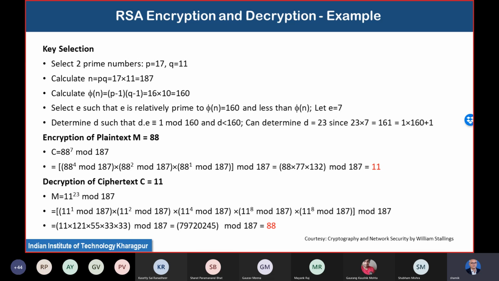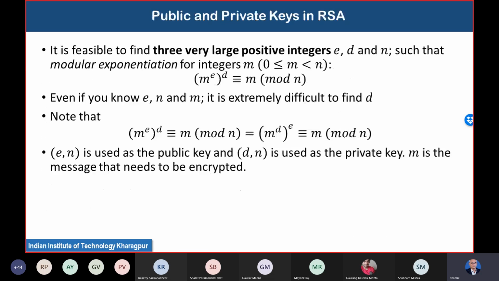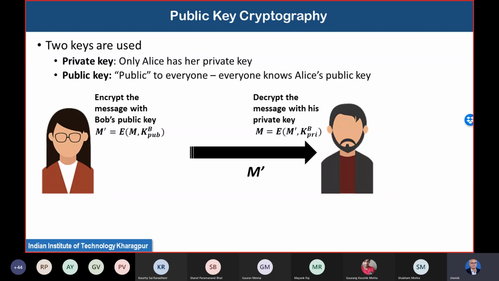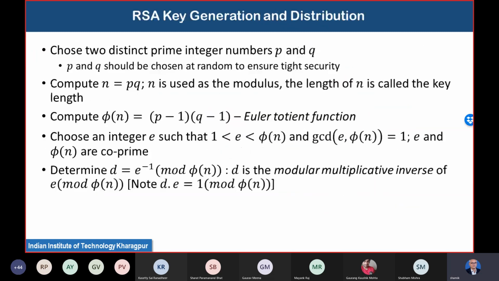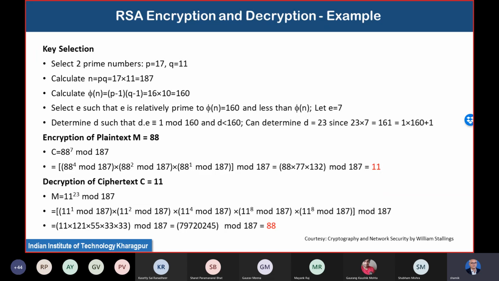So Alice generates the ciphertext and gets the value of 11. That is what we had seen here, that Alice got that 11, the C or M prime as shown here, and then Alice sends this over some channel, and what Bob gets is this ciphertext 11.